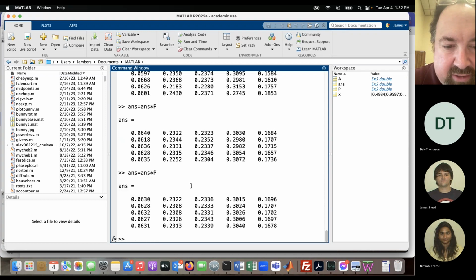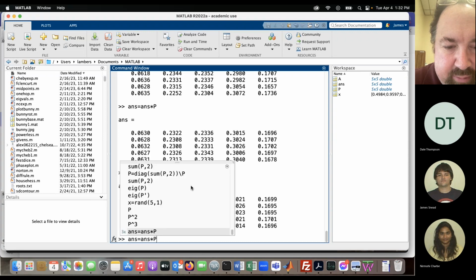Notice that within each column, the numbers are becoming the same.